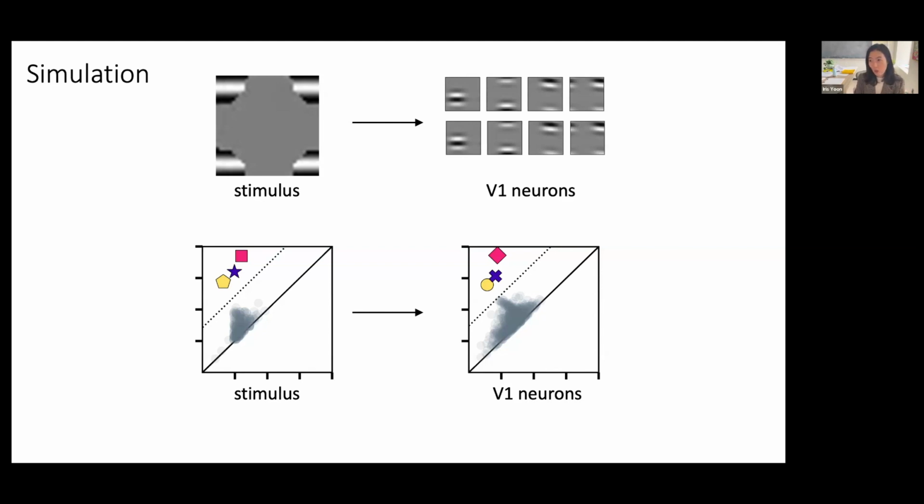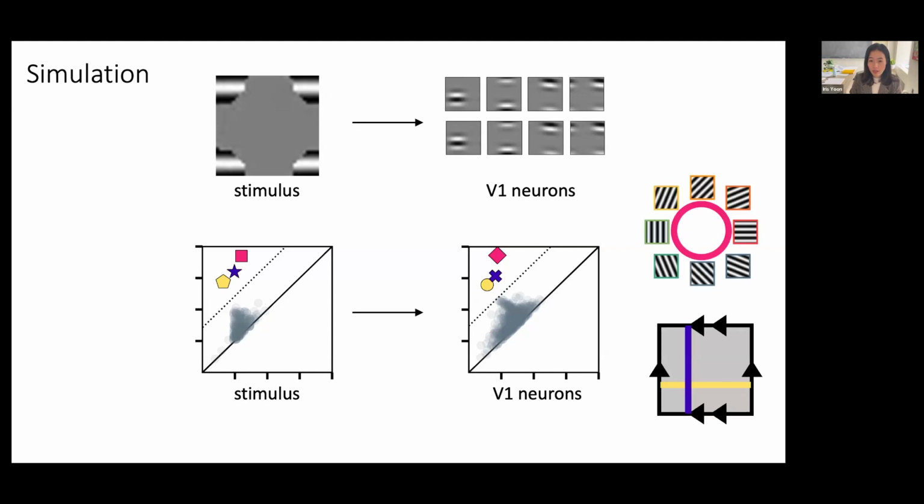And indeed, when you go back and investigate the cycle representatives of each of these points, you can verify that the pink points in both the stimulus and the neural activities do indeed both correspond to this orientation's cyclicity, and that the yellow and the purple points correspond to cyclicity coming from the square torus.